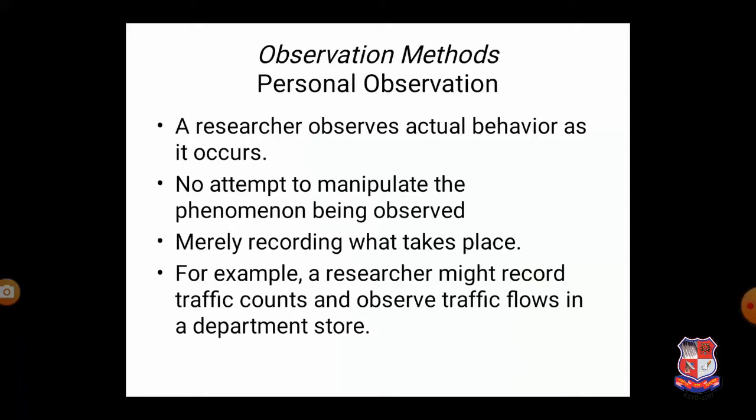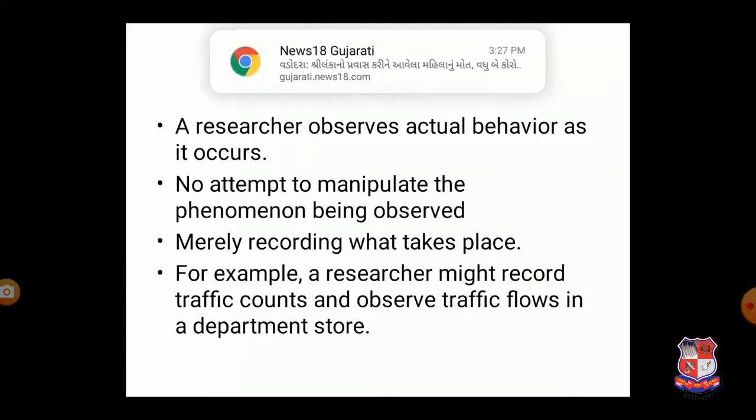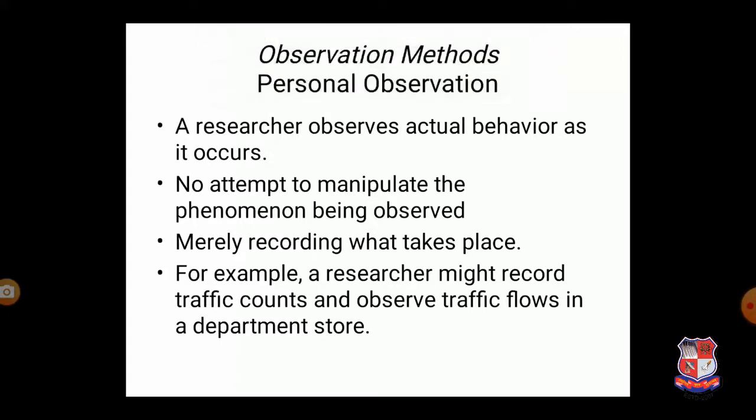There is no attempt to manipulate the phenomenon being observed. For example, a researcher might record traffic counts and observe traffic flow in a department store. These are all personal observation.